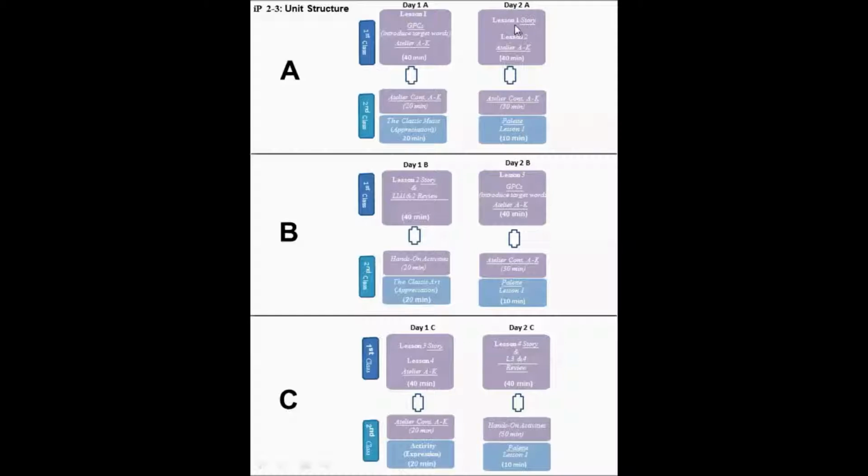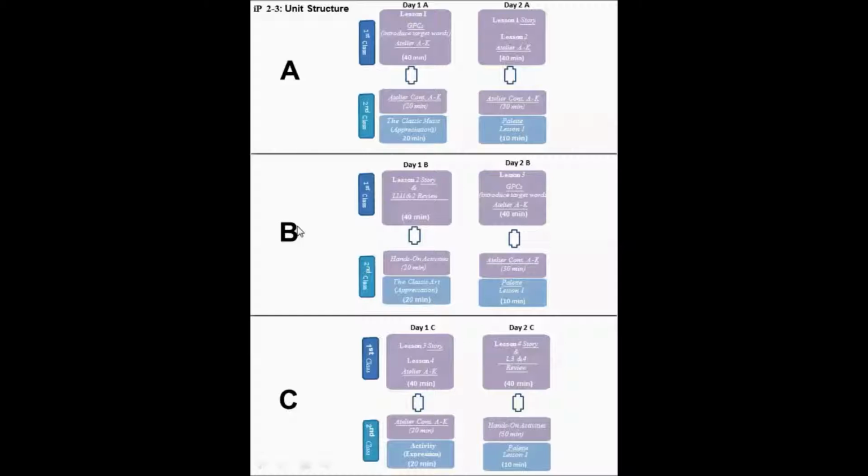Now, day 2A, you can see here we're going to do lesson 1 story, and then we're going to continue on with lesson 2 in the atelier, A through K for 40 minutes, have a break, and then continue on with A through K, whatever you couldn't finish. And then to end the class, we'll study the palette book, lesson 1 for only 10 minutes.